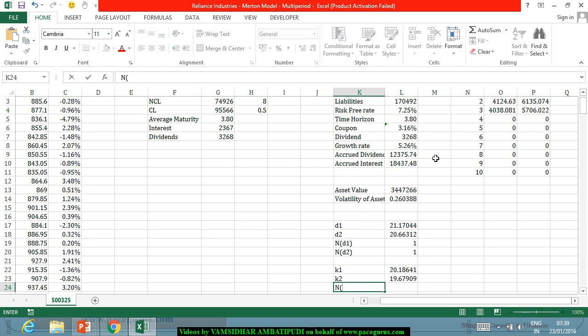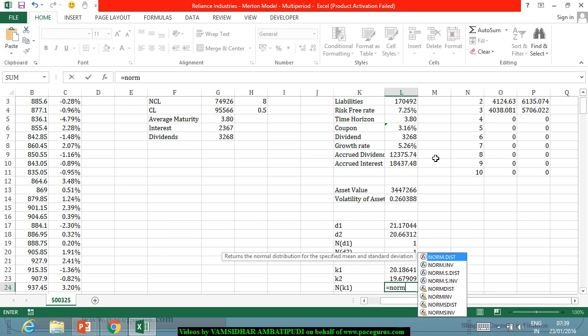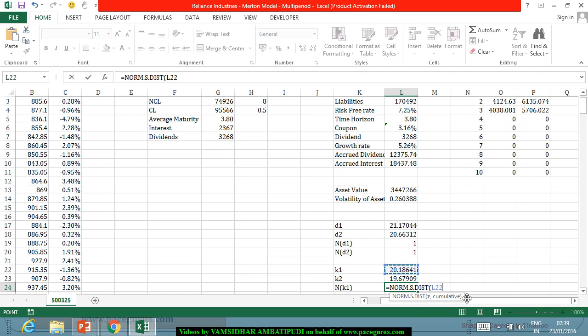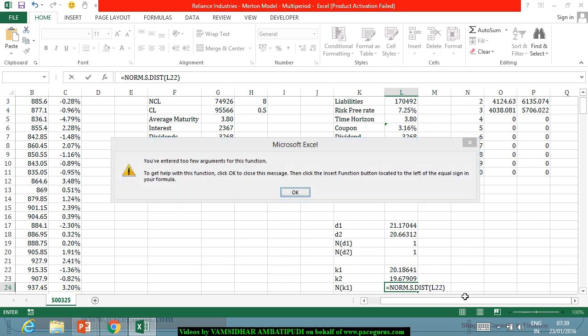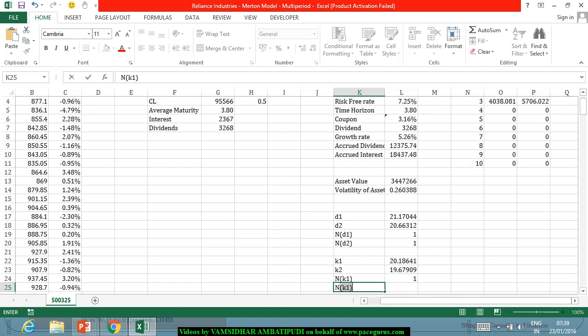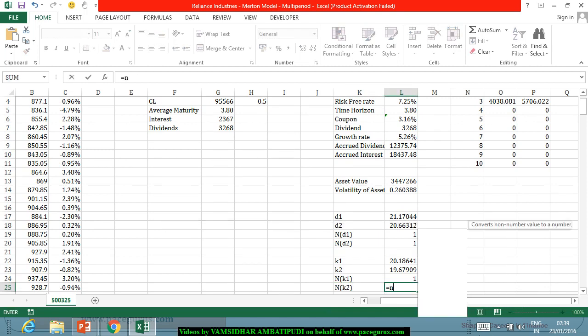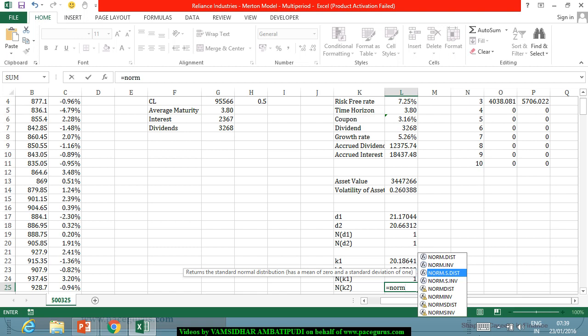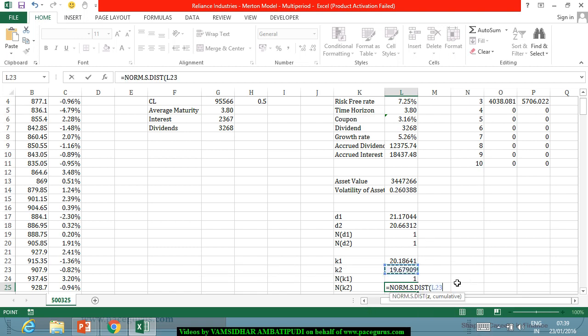So I can very well find out NK1, the NORMSDIST associated with this particular value, right? And similarly I can find out NK2, which is also coming out as the NORMSDIST associated with this particular value.